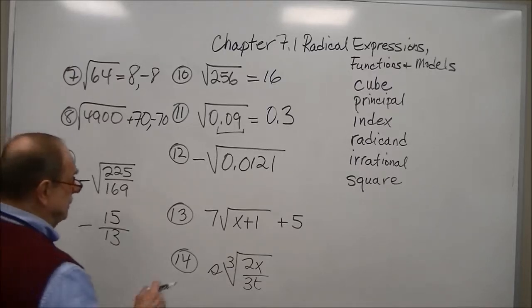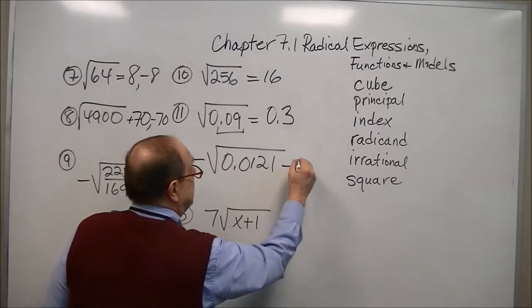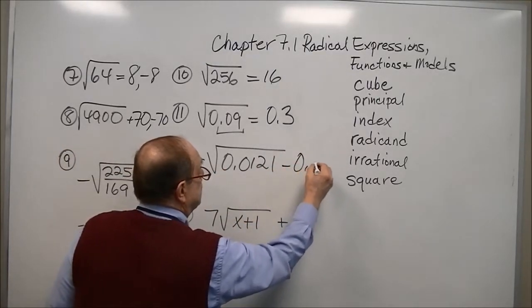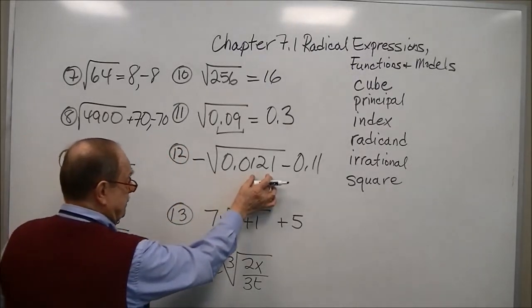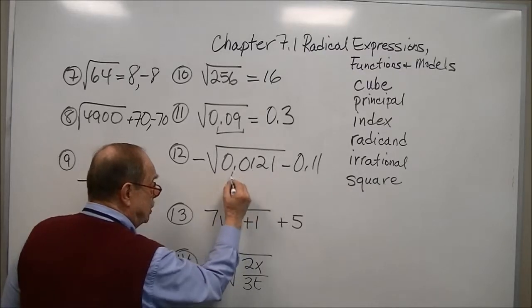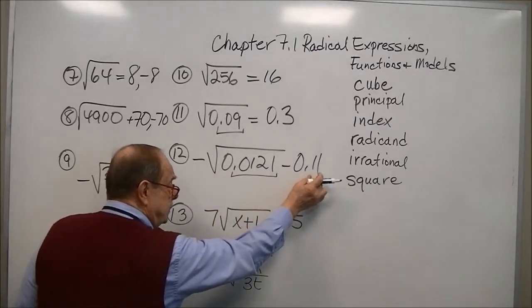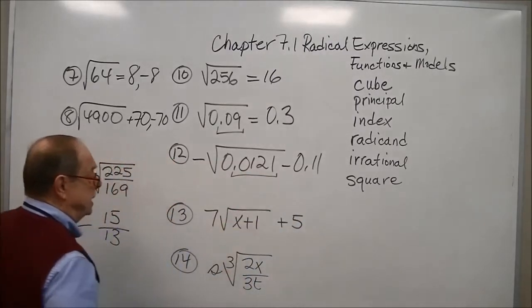For number 12, now here we know the answer will be negative, and it's going to be 0.11. Because the square root of 121 is 11, and we need 4 decimal places. So this times itself gives you that.